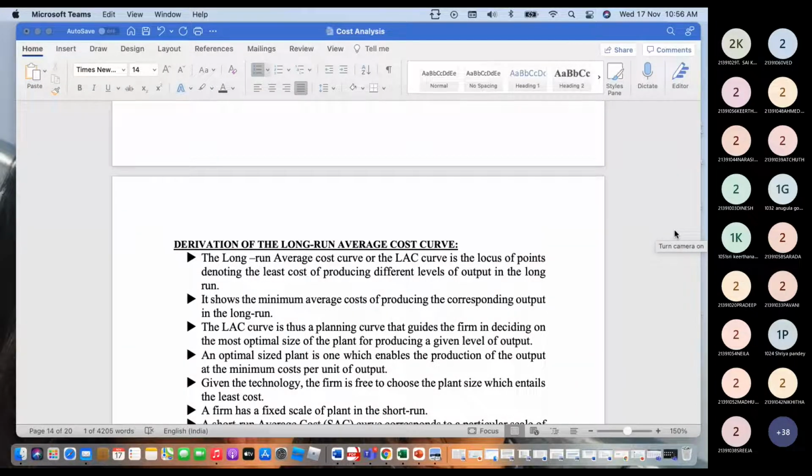Initially the returns are increasing at an increasing rate because the land or the fixed factor of production is used more properly. Then we have the point where there is an optimum proportion between the factors of production. If you relate to the cost, that is the point where the cost of production is minimum. So the firm is producing the desired level of output where the cost of production is minimum.